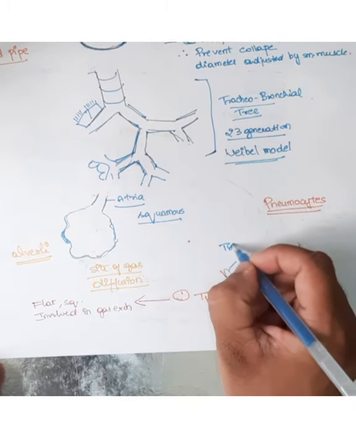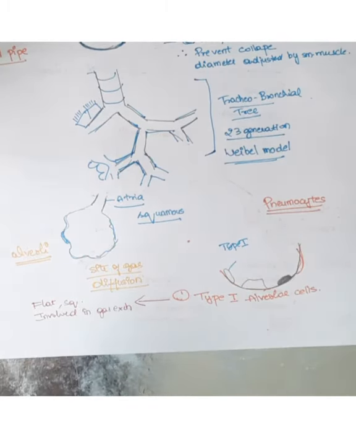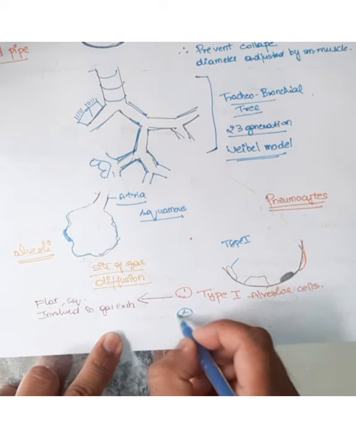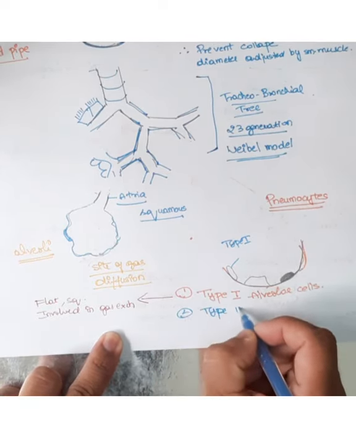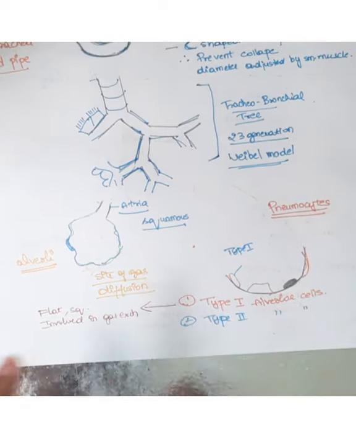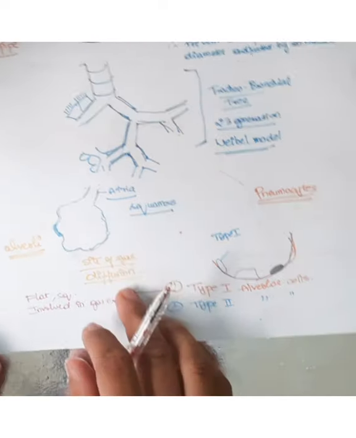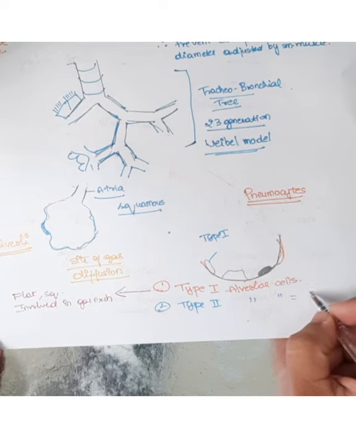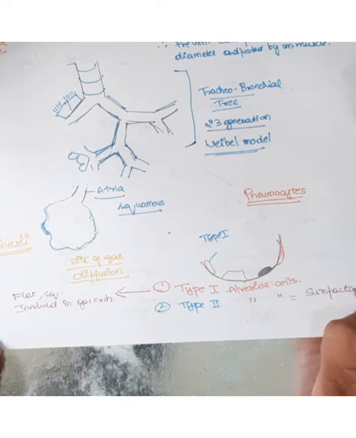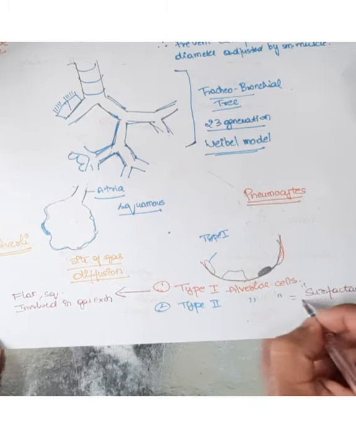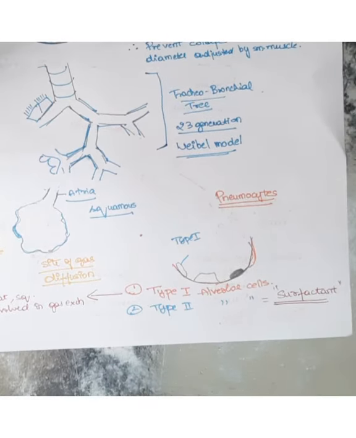You do have the second type called type 2 alveolar cells, those which are cuboidal, and these are involved in the production of the substance called surfactant.